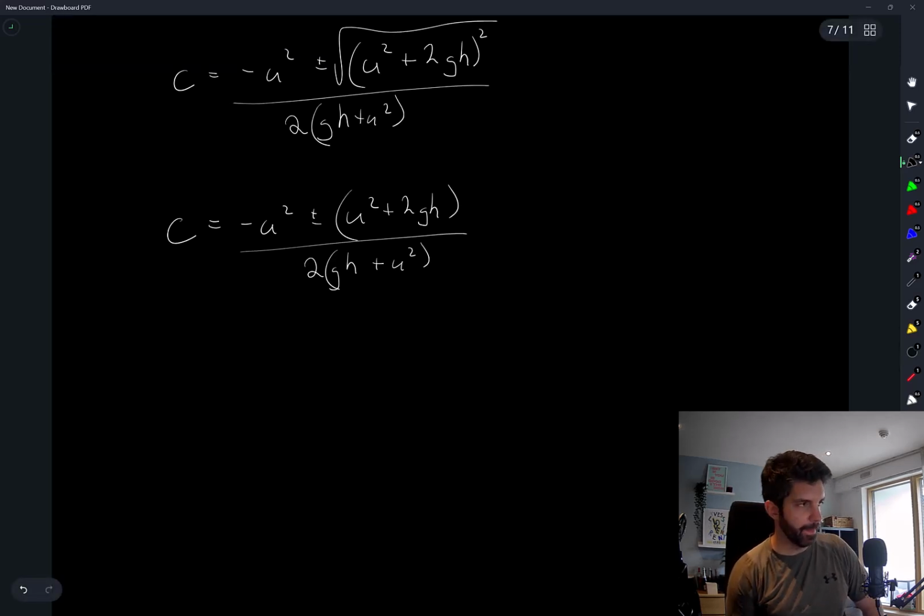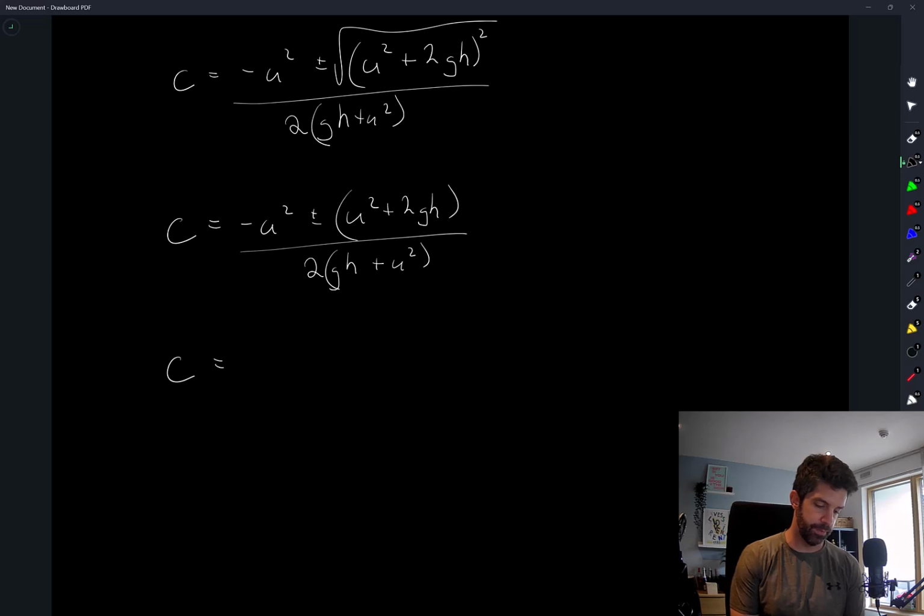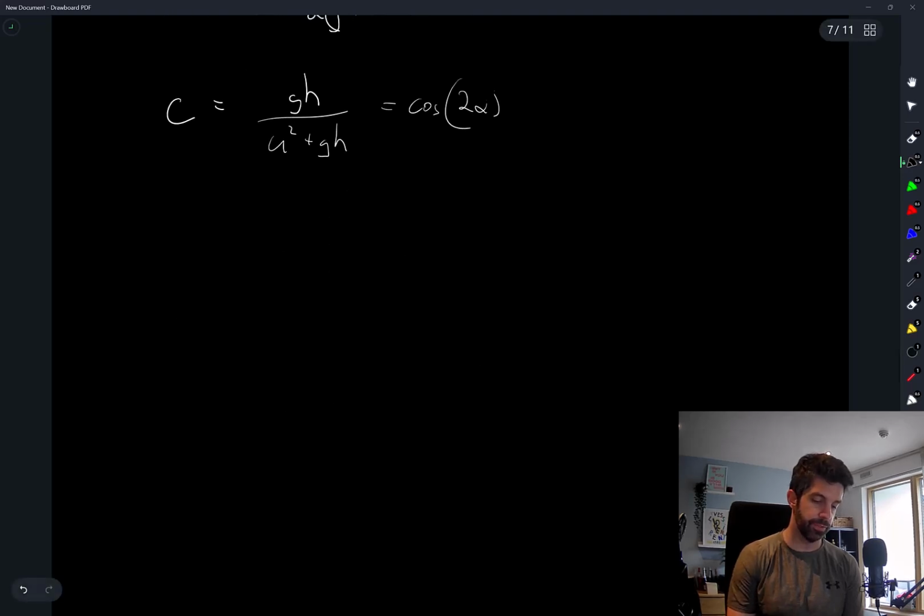Okay, I would have to do some thinking of exactly why we take the positive over the negative, but that's what I'm going to do. So I have gh divided by u squared plus gh. That is cosine of 2 alpha for the maximal horizontal distance.